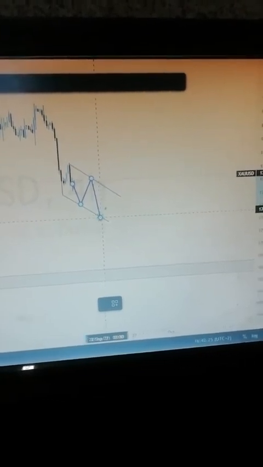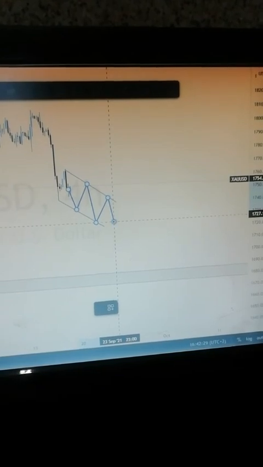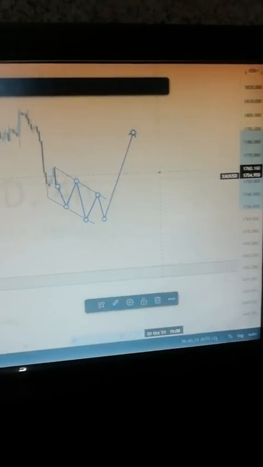If price breaks out and comes back, I'll be more than convinced that price could potentially reverse all the way to the upside. So we'll just have to wait and see what price will be presenting to us this coming week. So that is just it on gold.